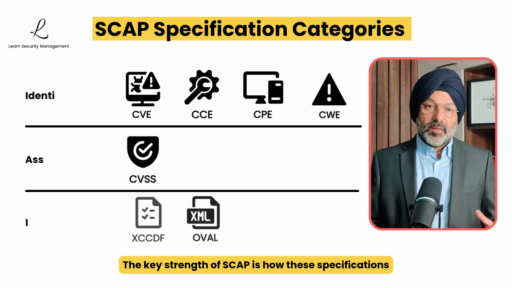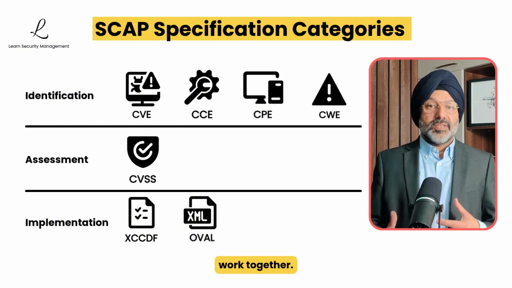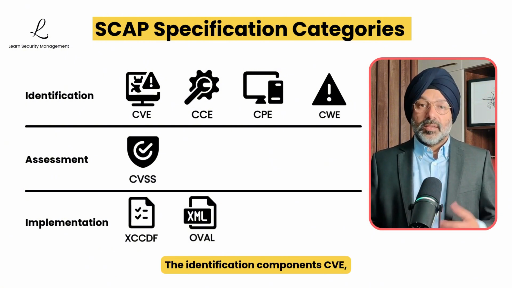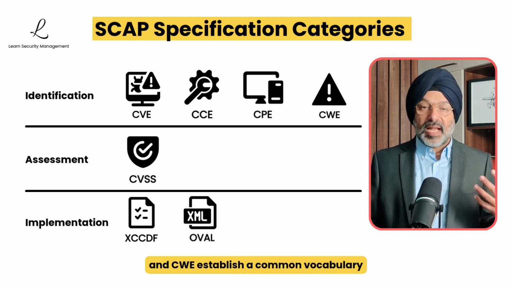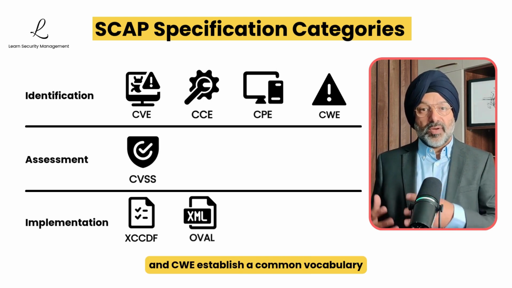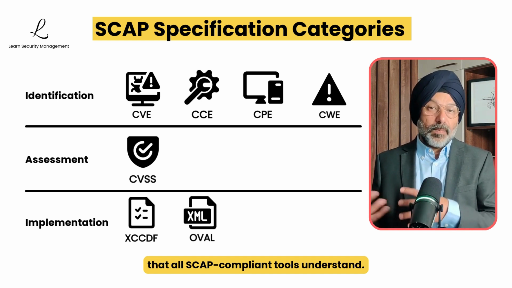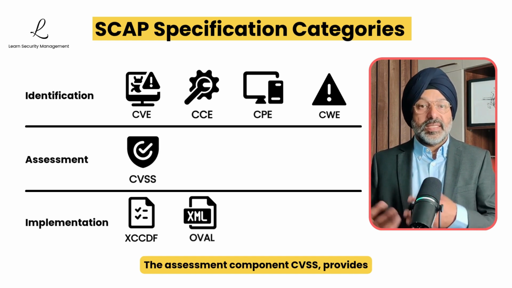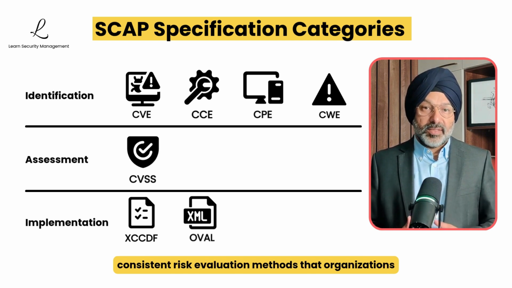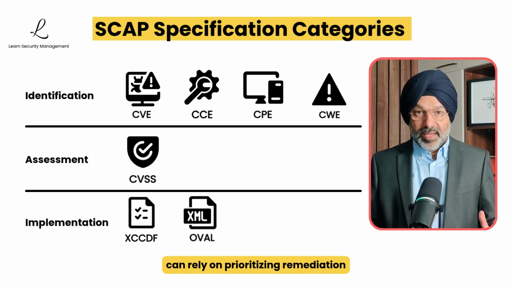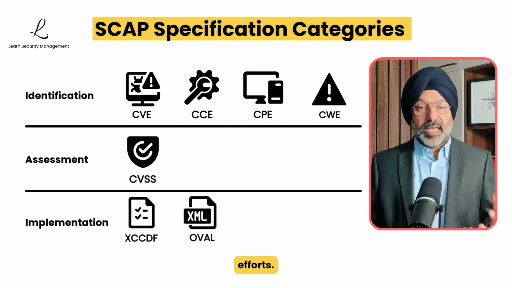The key strength of SCAP is how these specifications work together. The identification components CVE, CCE, CPE, and CWE establish a common vocabulary that all SCAP compliant tools understand. The assessment component CVSS provides consistent risk evaluation methods that organizations can rely on for prioritizing remediation efforts.